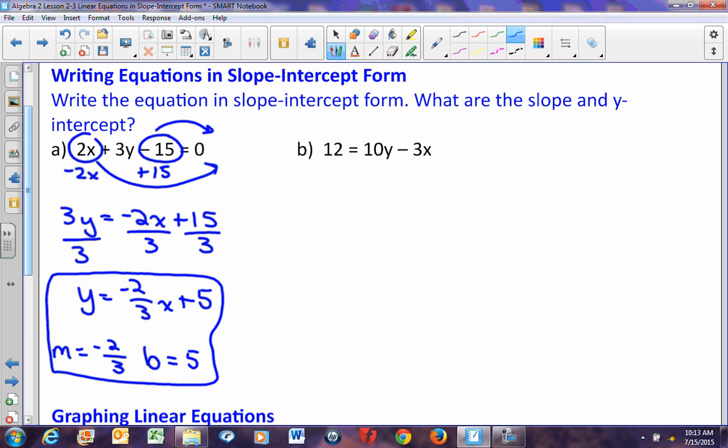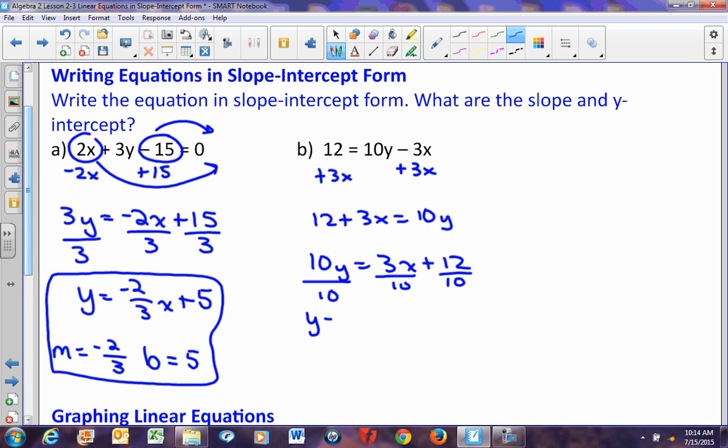This next problem, do the same thing, solve it for y. So I'm going to add 3x, and we're going to move it to the other side of the equation. So I have 12 plus 3x equals 10y, or for those of you who like the 10y to come first, 10y equals 3x plus 12. Now to solve it for y, I divide everything by 10.